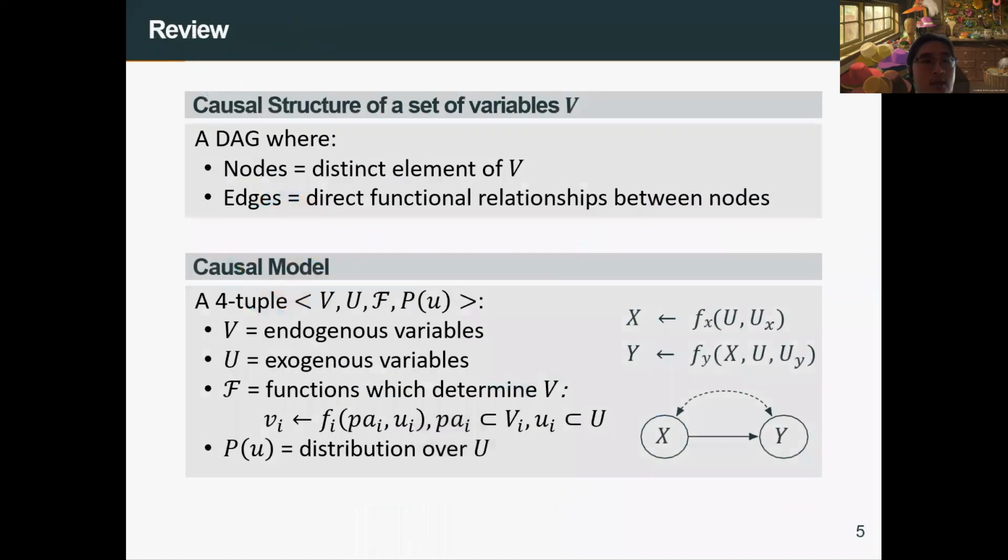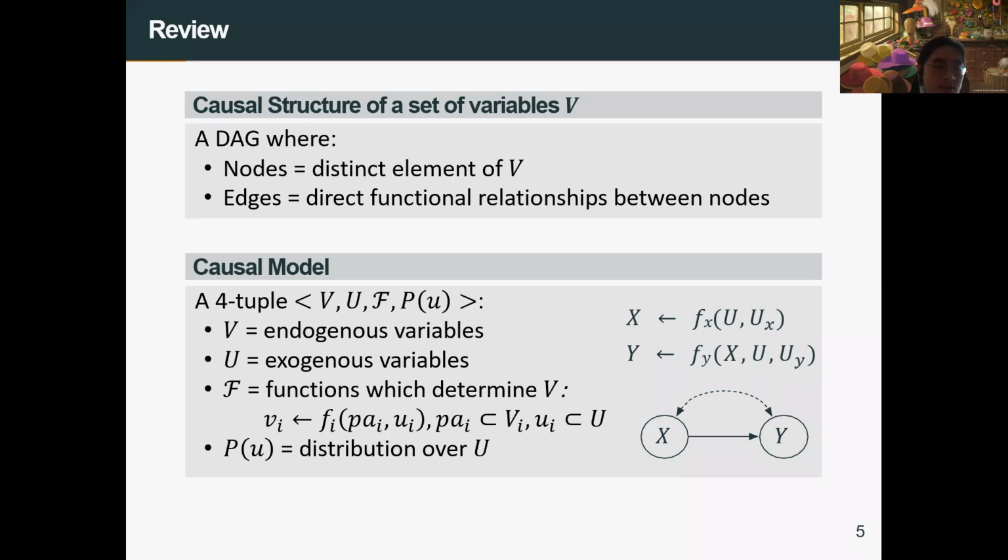Just a bit of review. The causal structure of a set of variables V is just a DAG where the nodes are the distinct elements of V, and the edges are functional relationships between the nodes.